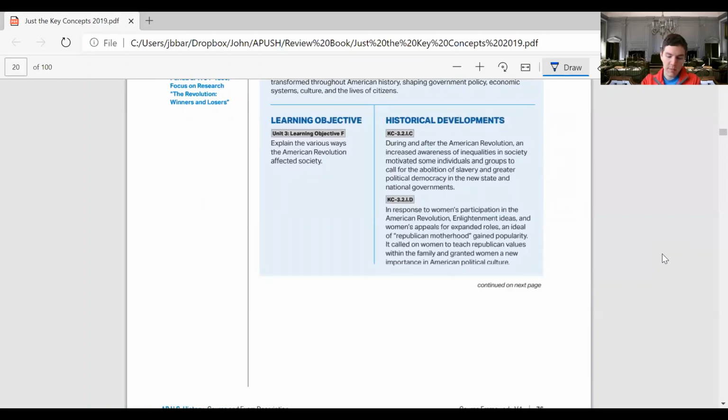For women, feeling like they were not given the same opportunity, there are some expanded roles. One of these is called Republican motherhood.